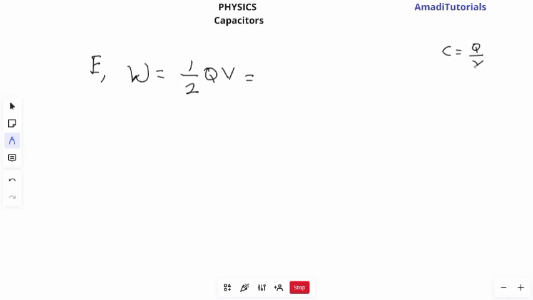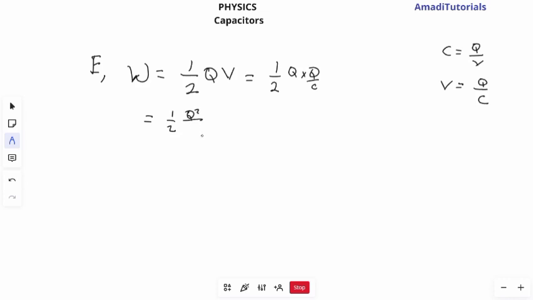If you make V the subject of the formula, V equals Q over C. So if you substitute that in place of V here, you have a half of Q times another Q over C, which gives us a half of Q squared over C.